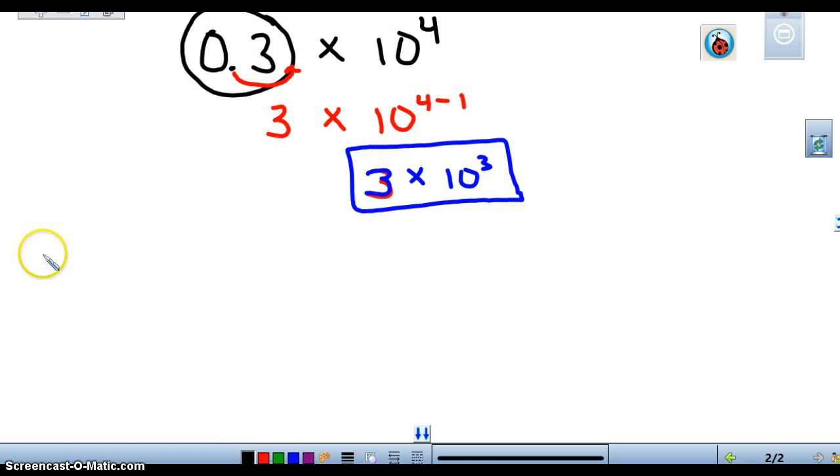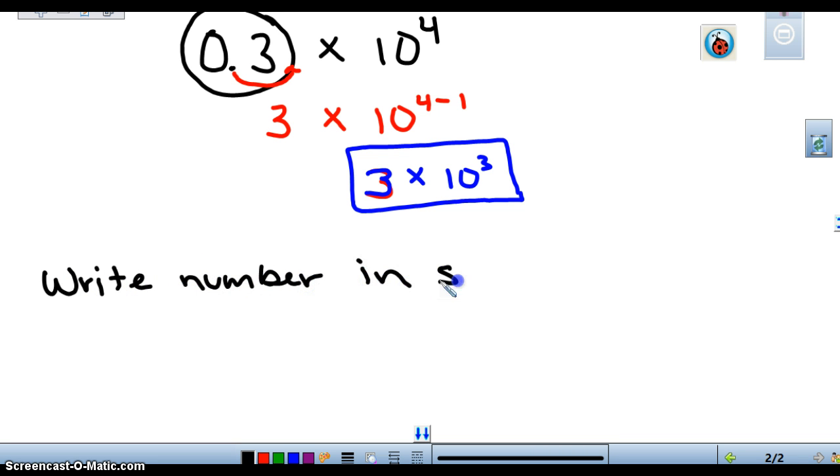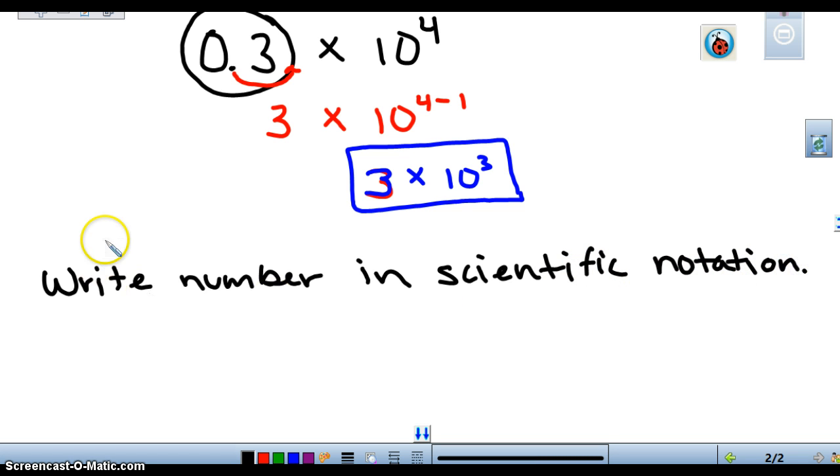You have to write the number in scientific notation. Let's say you have 56,900,000 and you have to write this in scientific notation. Where's our decimal in this number?